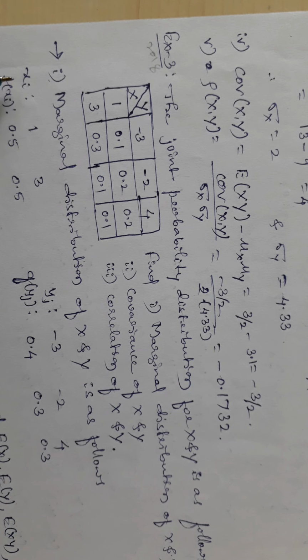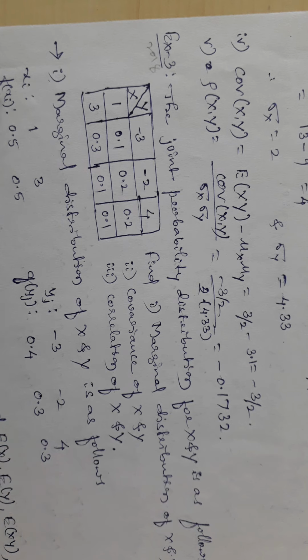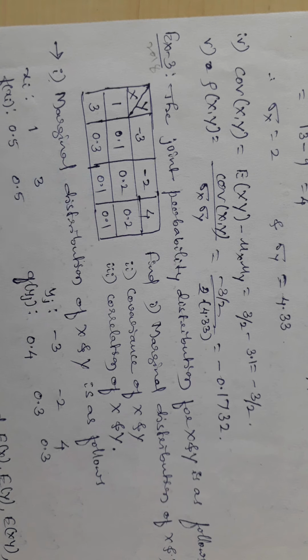First write the x values, xi, that is 1, 3, and the y values, yj, that is minus 3, minus 2, 4. Next, f of xi is the sum of the first row and the sum of the second row. First row: 0.1, 0.2, 0.2, sum is 0.5.